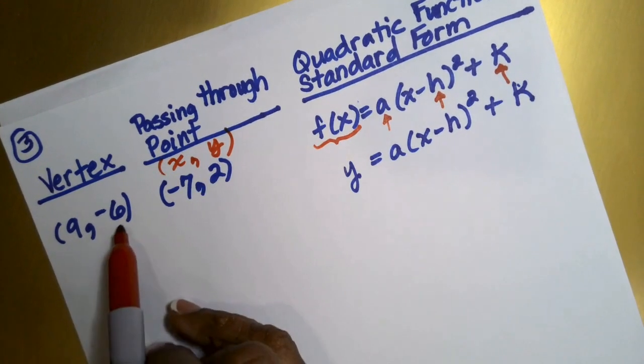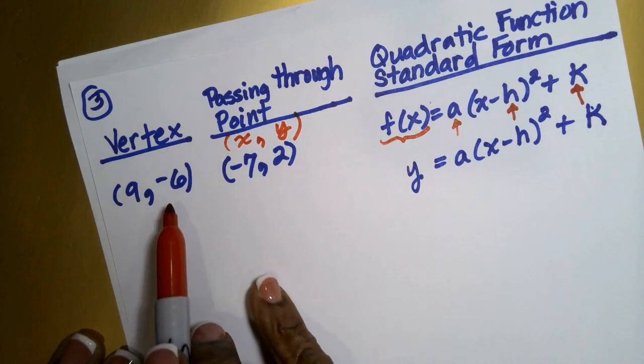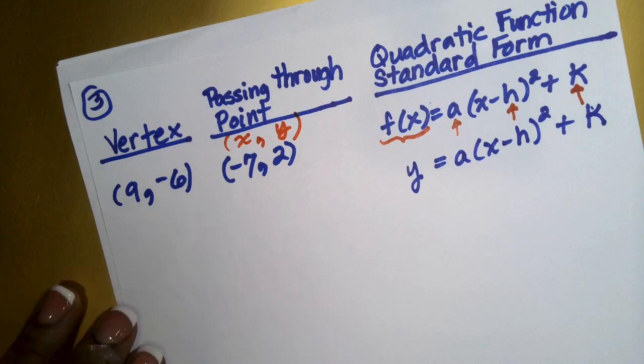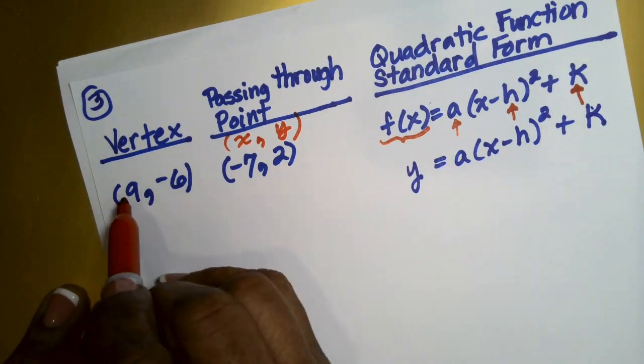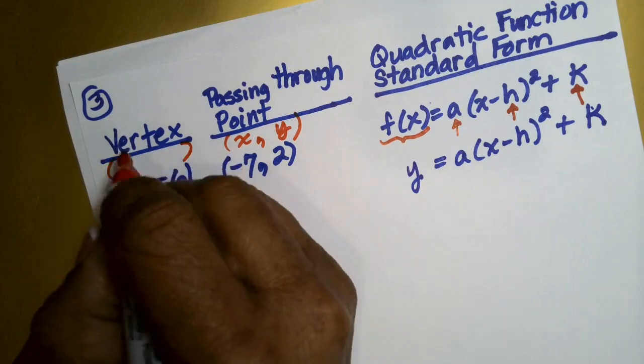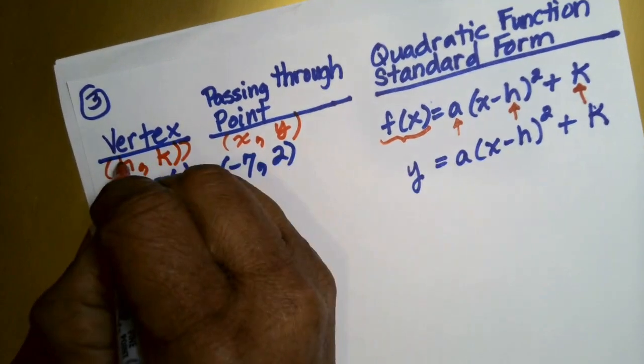The parabola also passes through this point, but this is a special point. It is the vertex, and the coordinates of the vertex are represented by h and k.